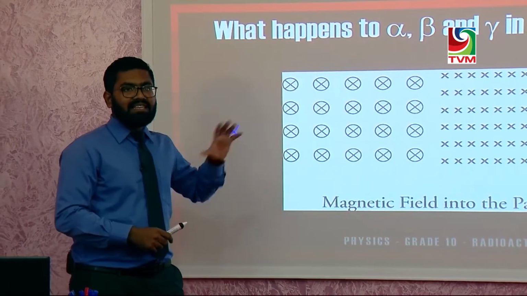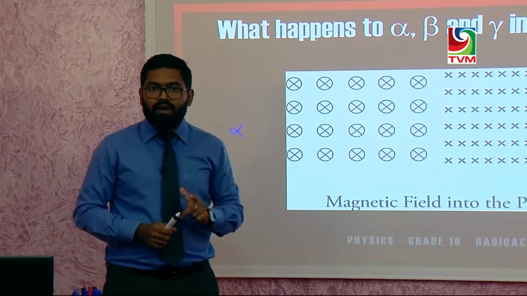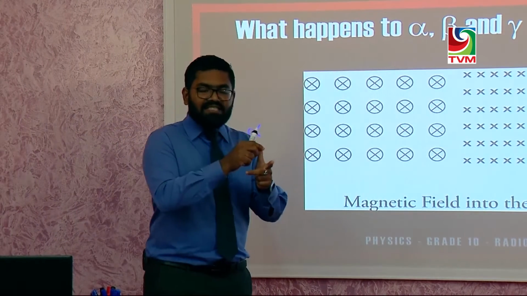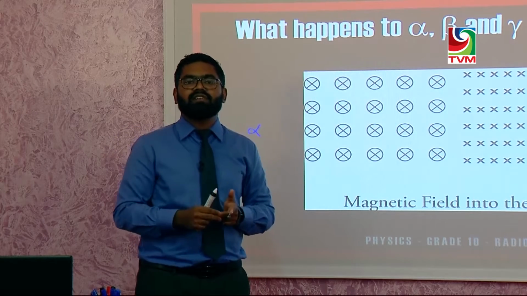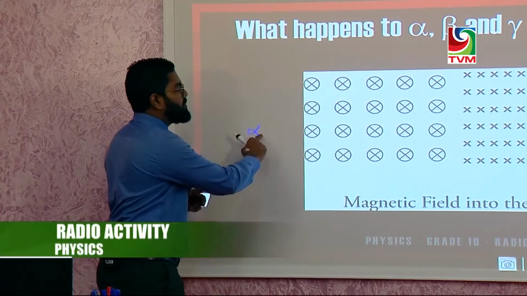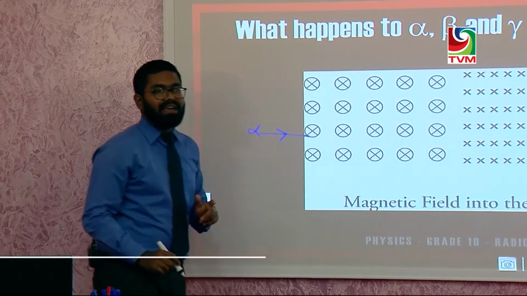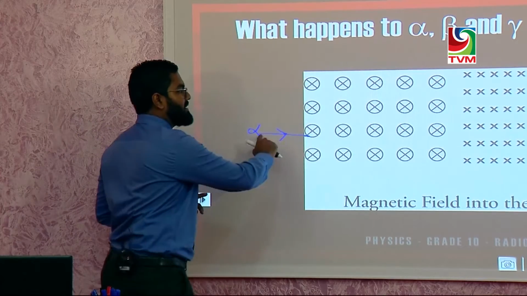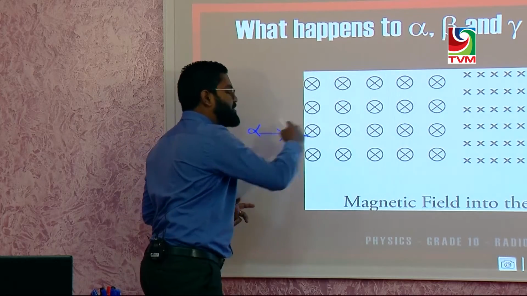In this case, you have to apply Fleming's left hand rule. As you may remember, this is the force, this is the magnetic field, and this is the direction of conventional current, the positive charge. Since alpha particles are positive, they move in this way, and the magnetic field is into the medium.